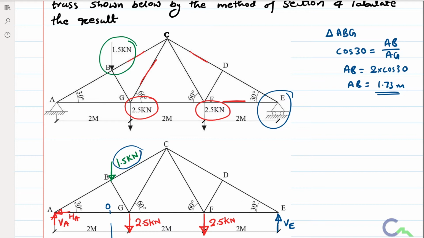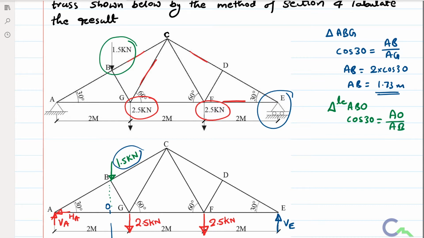If I get that value, now I can calculate AO. For that, in triangle ABO, I want the adjacent side, therefore cos 30 is equal to adjacent AO over hypotenuse AB.